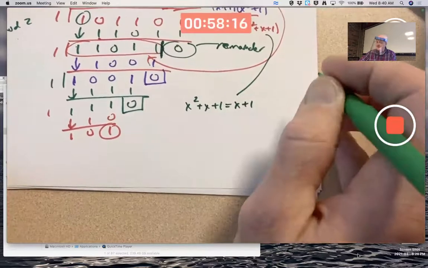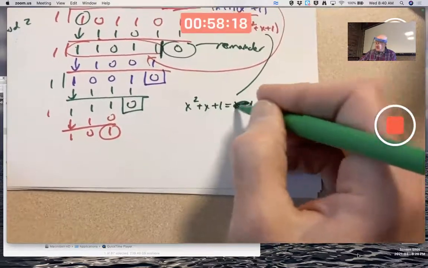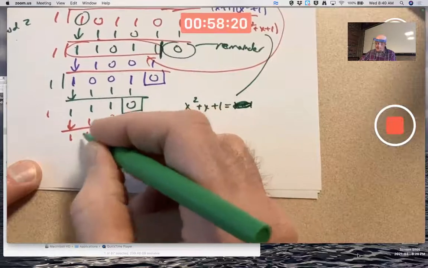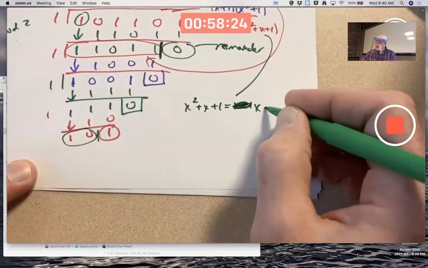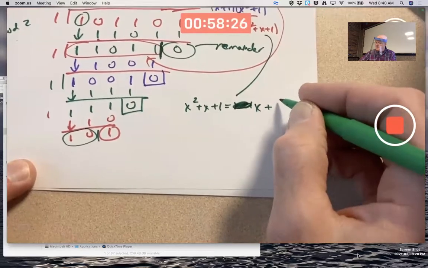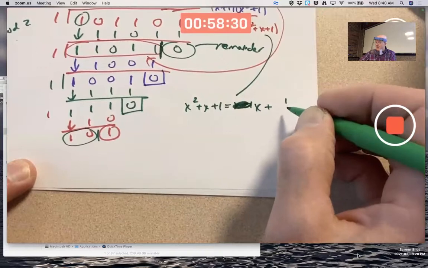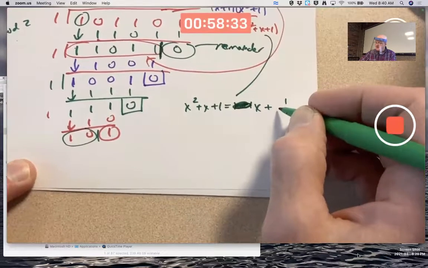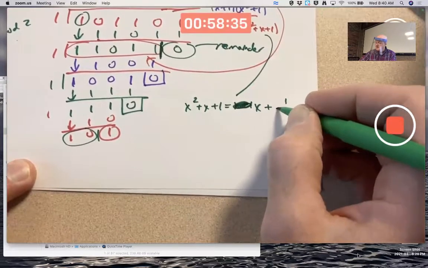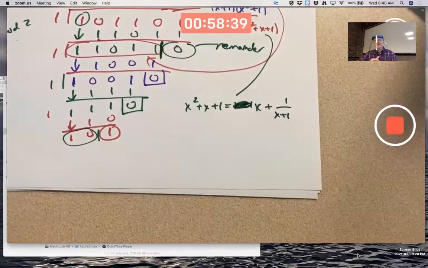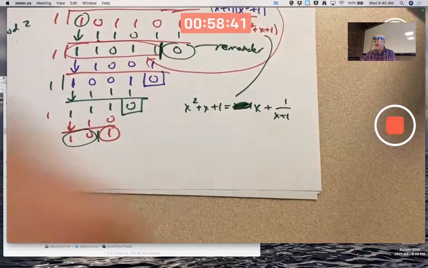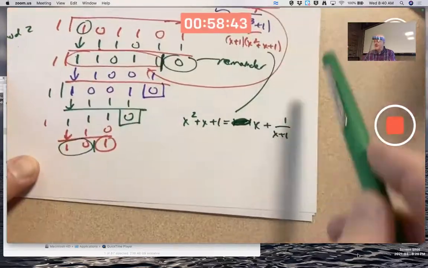That means I can write the quotient here, looking right here, the quotient would be x plus the remainder 1 over what I was dividing by, so to speak, which was x plus 1. Now, I'm writing this as if it's okay to do in Z2[x]. It's technically not, because this is not a polynomial.